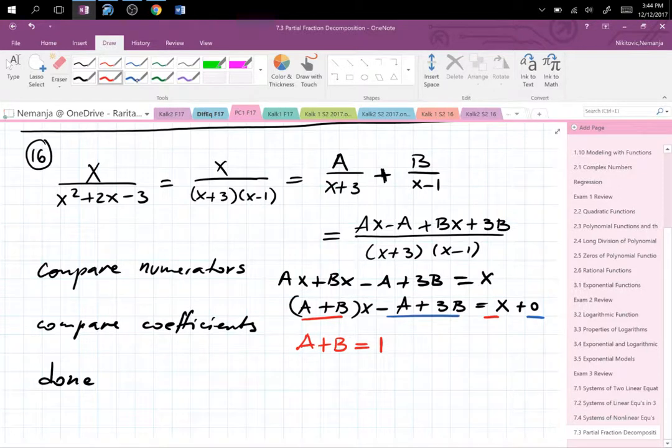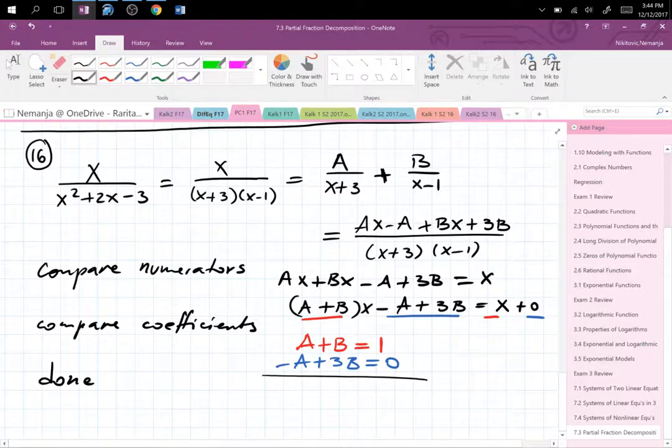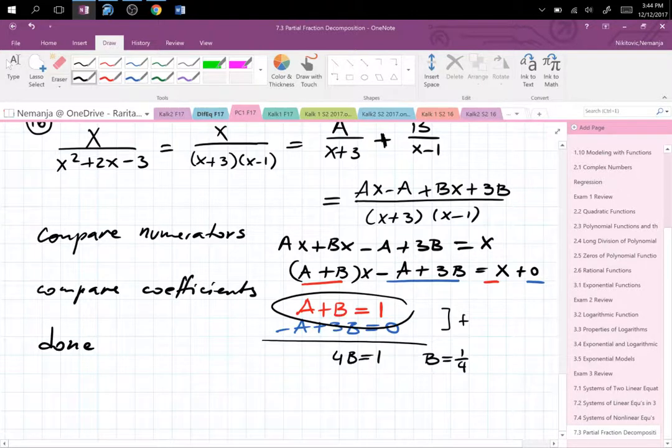Blue equation: negative a plus 3b is equal to 0. Solve. We add equations immediately. We have 4b is equal to 1, b is equal to a quarter, and if b is equal to a quarter, a better be 3/4 so they can add to 1.